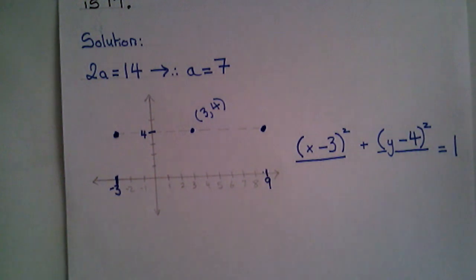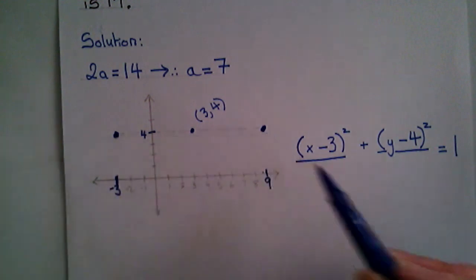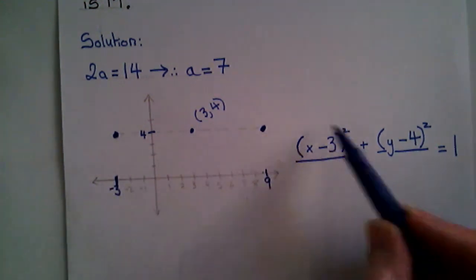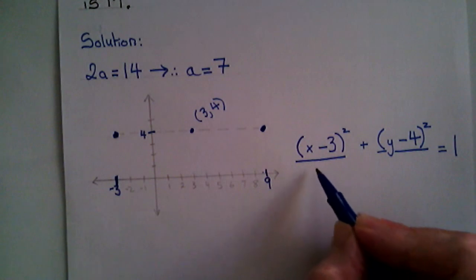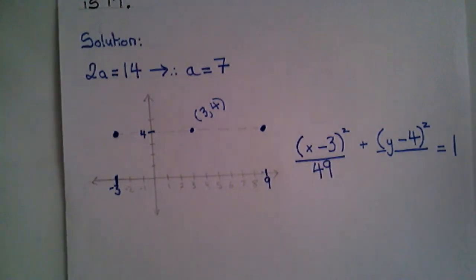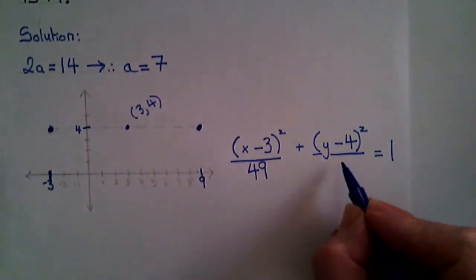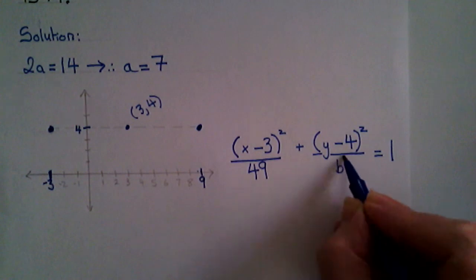Well, we know a is going to be our bigger number, and because it's horizontal, it's going to go where the x is. So 7 squared, 49.